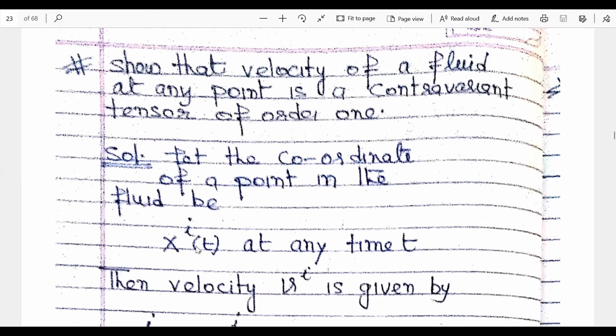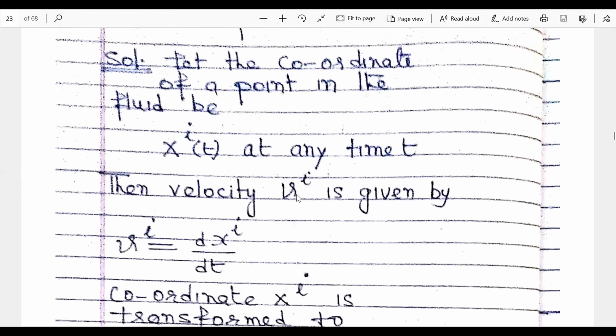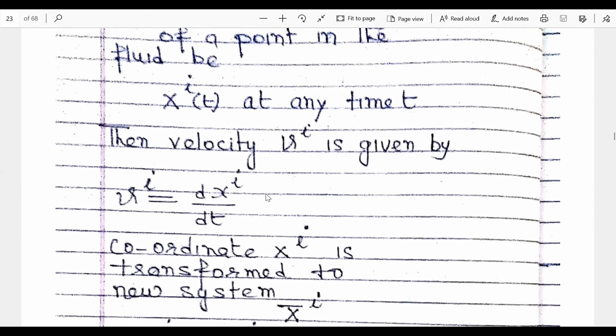This is xi(t) because it is a function of t, and its velocity is denoted by vi. Position coordinate is xi, velocity is vi. Now by the definition of velocity, this is dxi by dt.